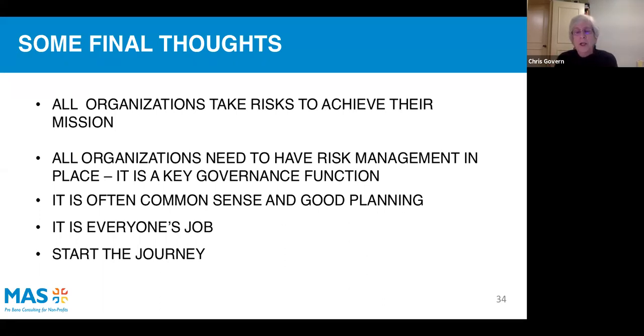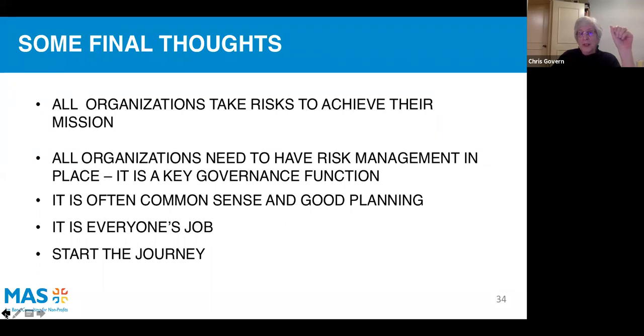Another question here. Are you going to talk about how to balance risk management and cost of it? I wasn't. I would address that by saying, understand the costs of not addressing risk management. They may be hidden to you now, but there can be really severe costs to not having sufficient risk mitigation in place.